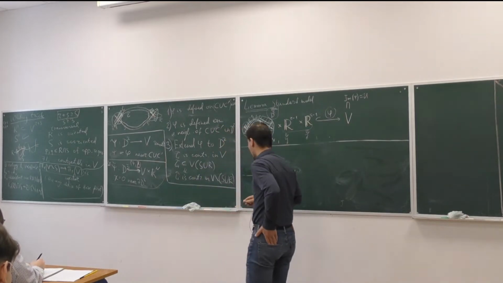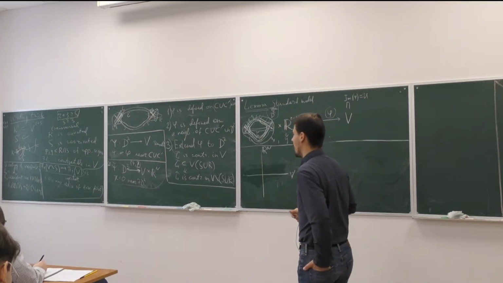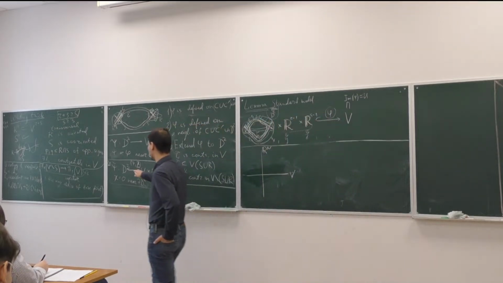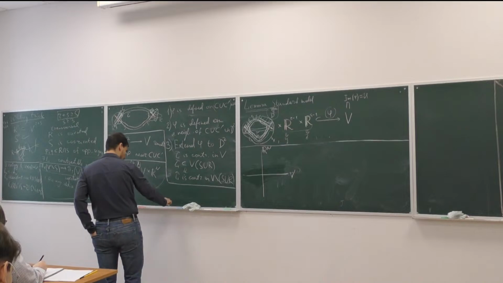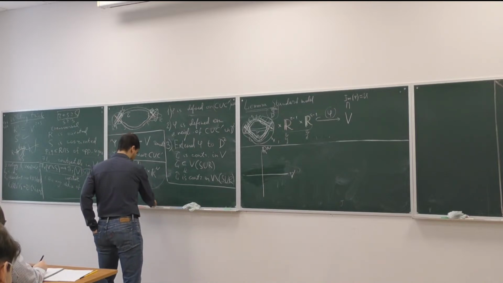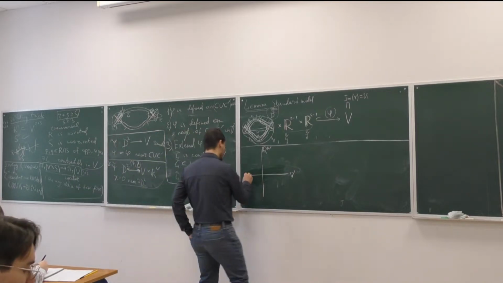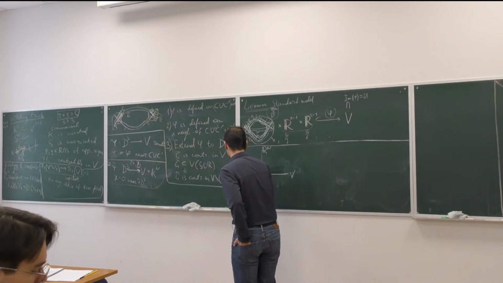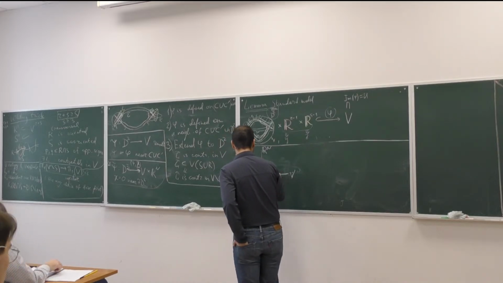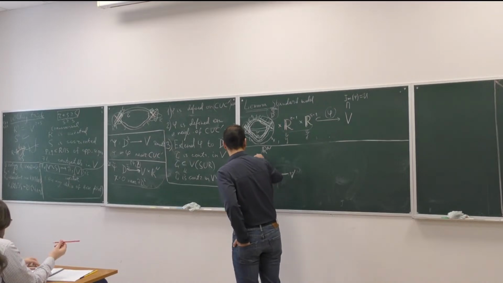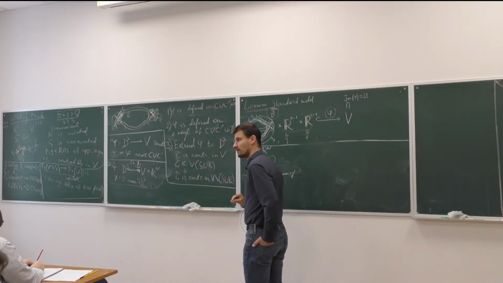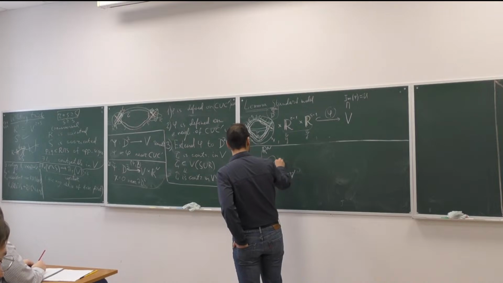And I've got an embedding of two disks. I know that near the boundary it is embedded in V. But further it goes like that.